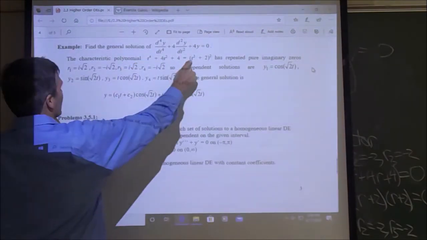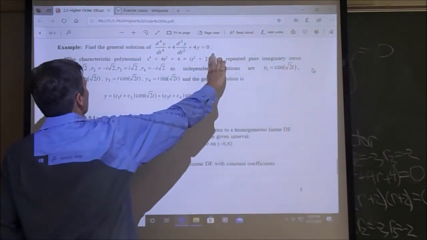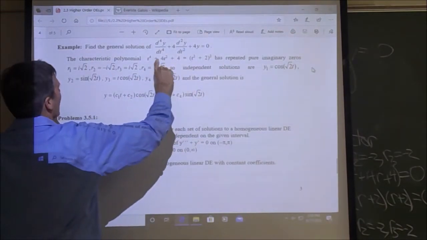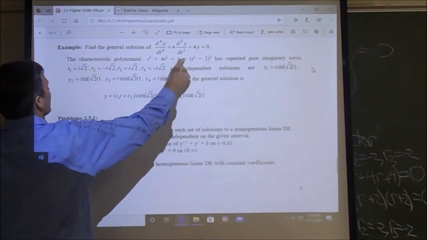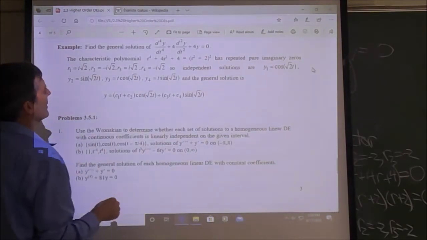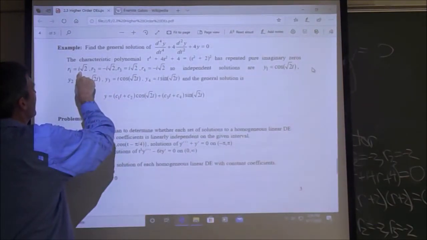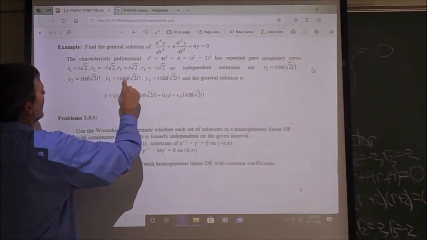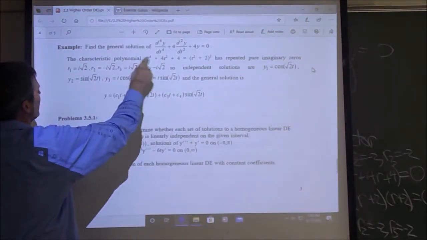So these are the solutions to r squared plus 2 equals 0, and it occurs twice. So the 4 zeros of this characteristic polynomial are square root 2 i, square root 2 i, minus square root 2 i, and minus square root 2 i.